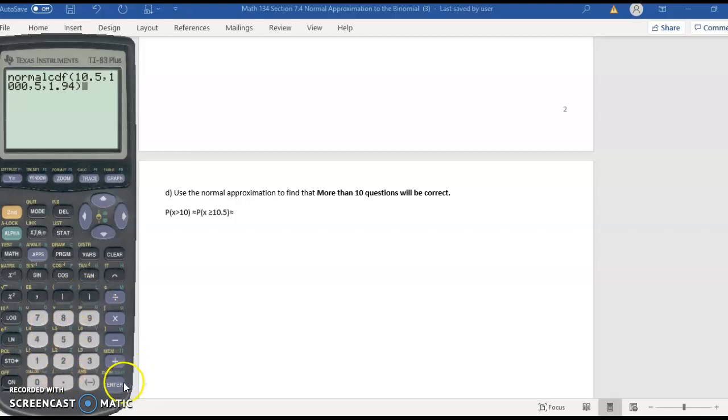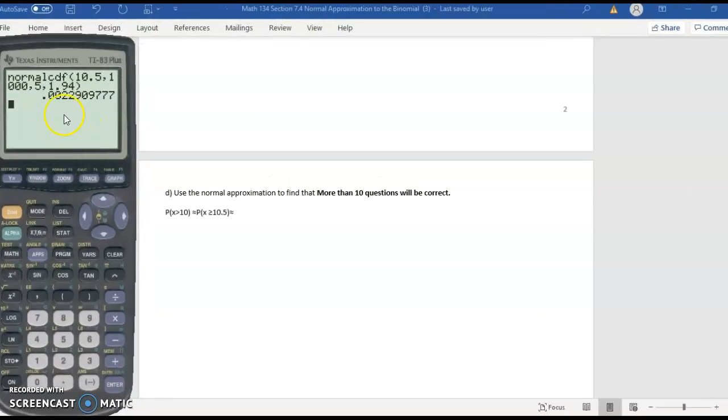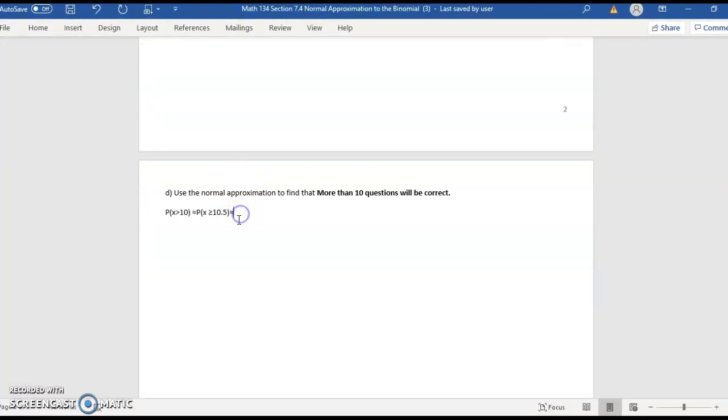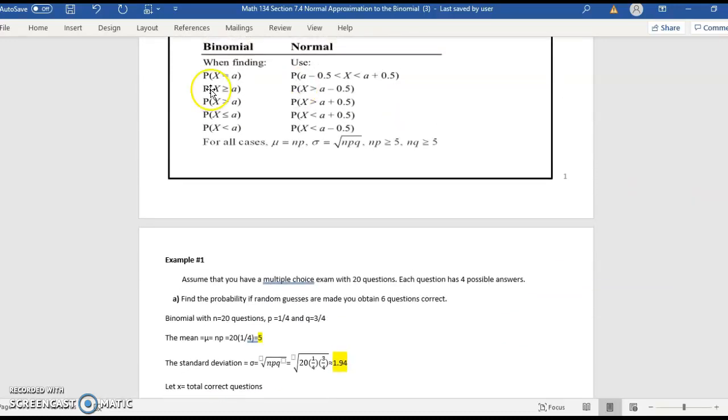So please run it and see if you're matching. I'm getting that this is approximately 0.0023. And once again, the statement says more than. So on a more than statement, you're basically just adding the 0.5.